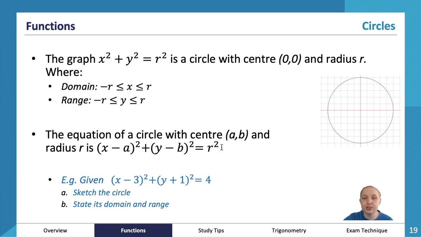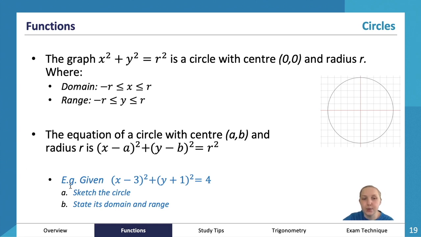It's important to notice here that minus a and minus b give you the coordinates a and b for your center. If you had x plus a and y plus b, you'd have the coordinates negative a and negative b. So the center is the opposite of what we've got going on here. And again, your radius is the square root of whatever all of that is equal to.